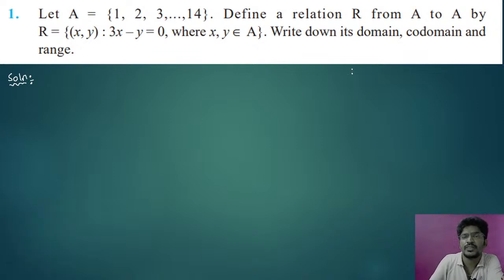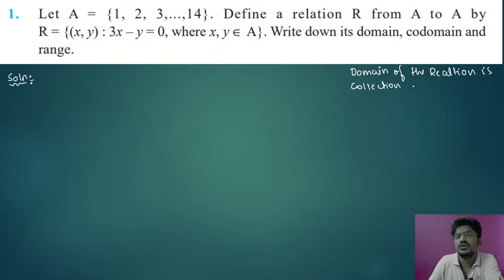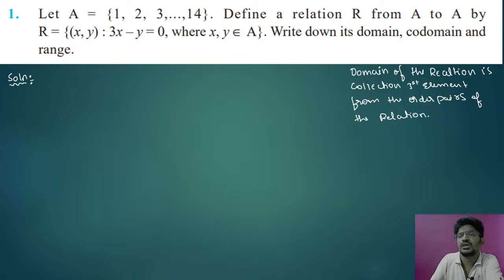The domain of the relation is the collection of first elements from the ordered pairs of the relation. So this is called domain.